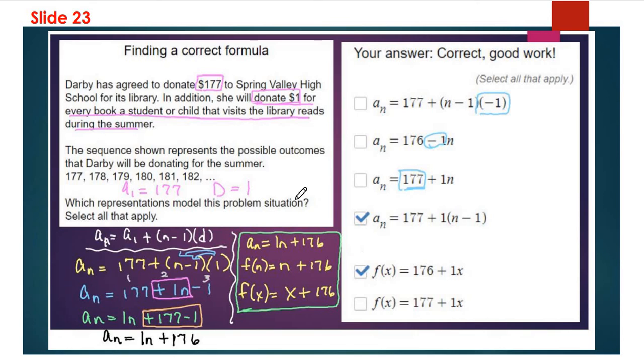Which representations model this problem situation? Select all. So I'm going to be looking at these right here. I've already written this out in explicit formula using my DSR. Remember DSR: distribute, simplify, replace. So I'm going to use the distributive property and multiply right here. And here are my first, second, and third terms.